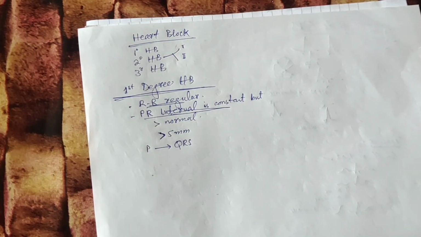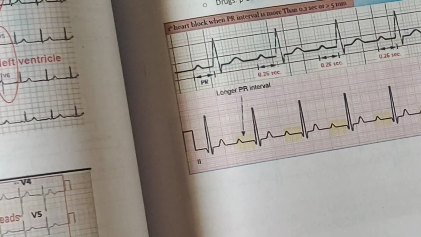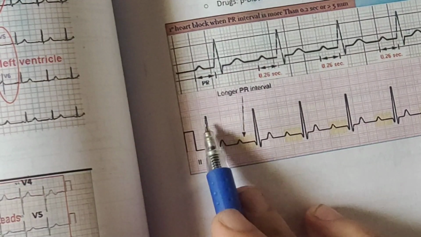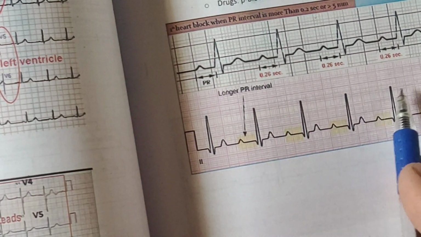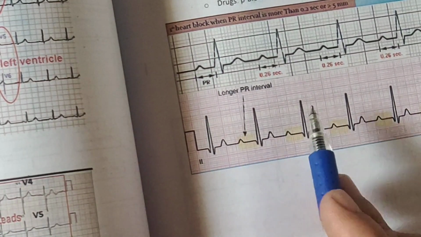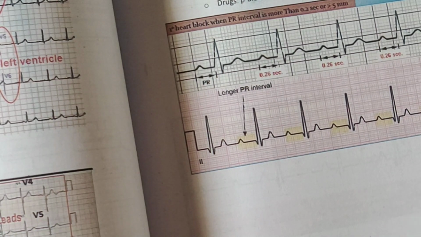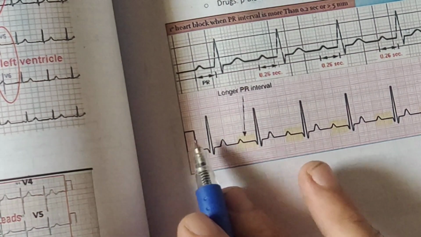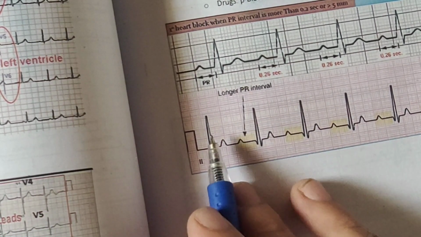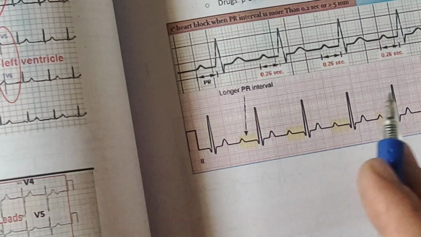First we check this in an ECG strip. Here you can check that the distance between RR is regular. There is no shortening or lengthening of the distance between two R waves. There is equal distance between each R wave.